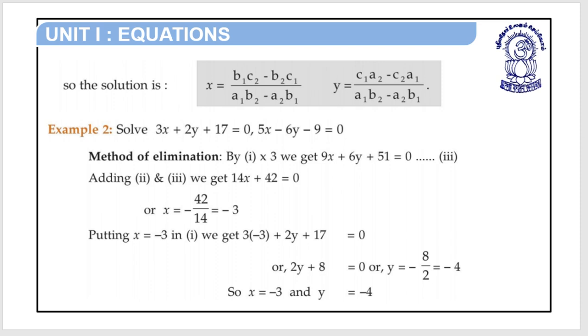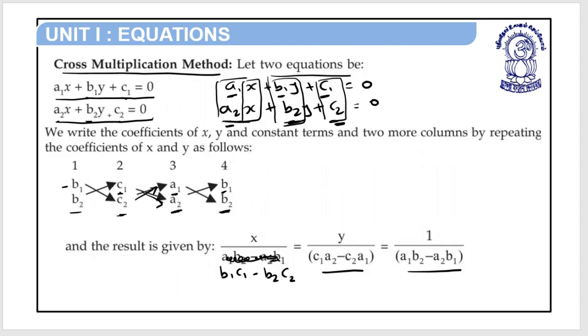So the solution is x upon B1 C2 minus B2 C1 is equal to 1 upon A1 B2 minus A2 B1.